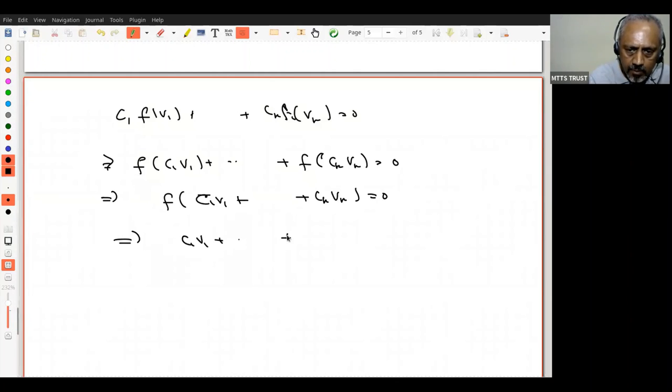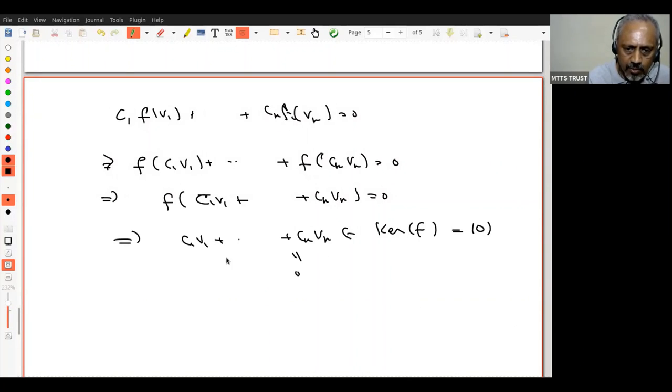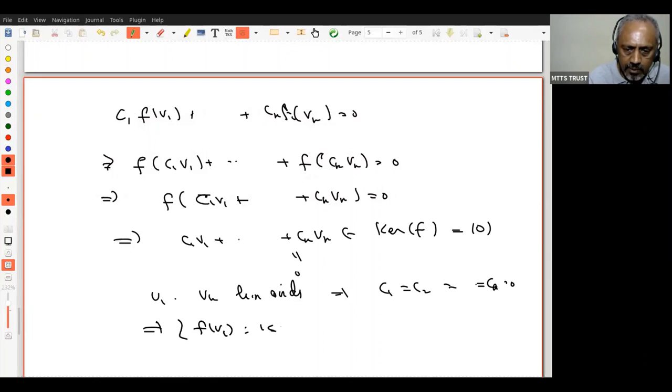C1 V1 plus ... plus Ck Vk lies in the kernel. But what do I know about the kernel? Since f is one-to-one, the kernel is 0. That means this linear combination is 0. But what do I know about V1 to Vk? They are linearly independent. This implies C1 equals C2 equals Ck equals 0. So that means f of Vi, 1 less than or equal to i less than or equal to k, is linearly independent. Go through the proof.